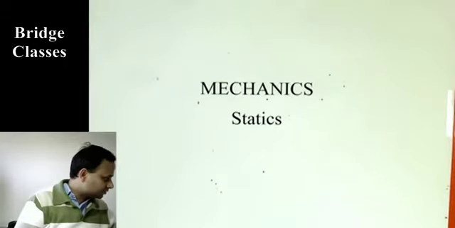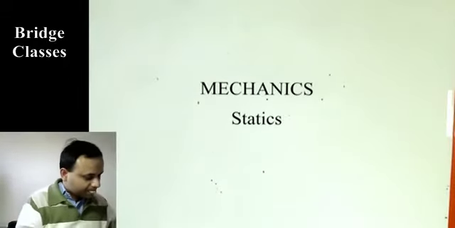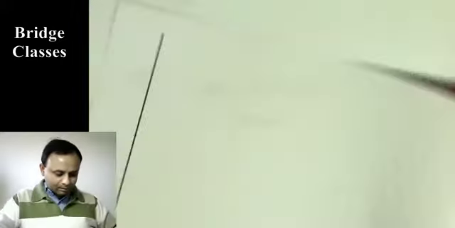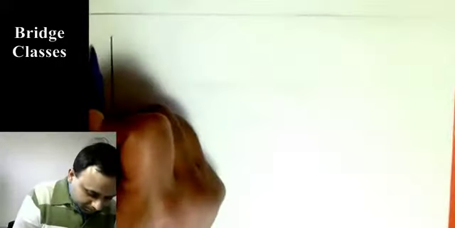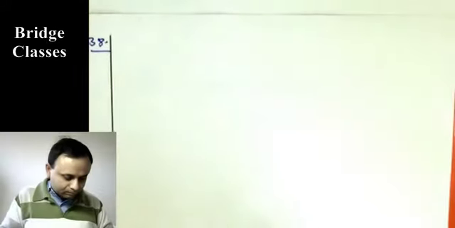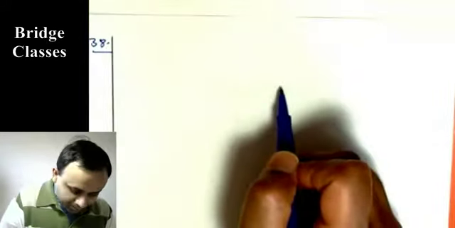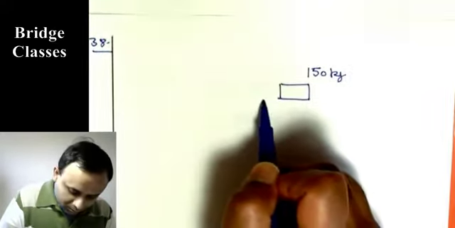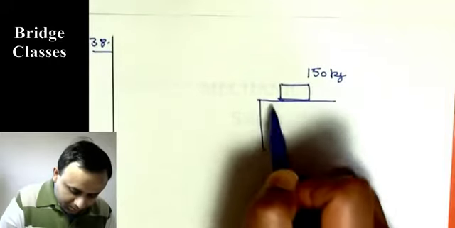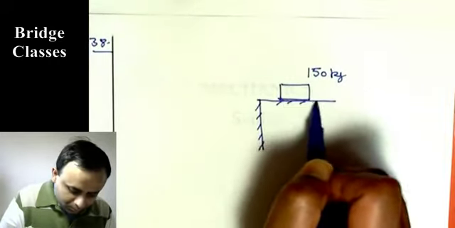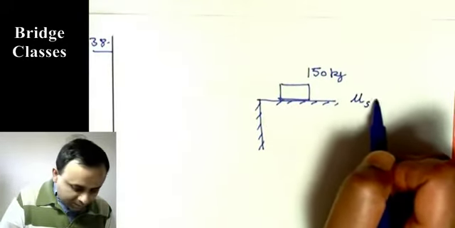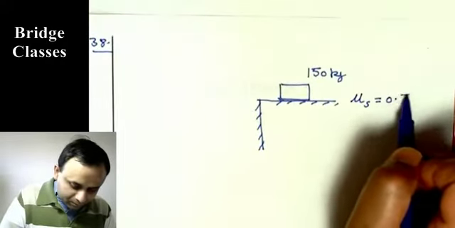Let us do one problem on this. There is a mass of 150 kilogram on a horizontal surface, and the coefficient of friction here, mu s, is 0.58.